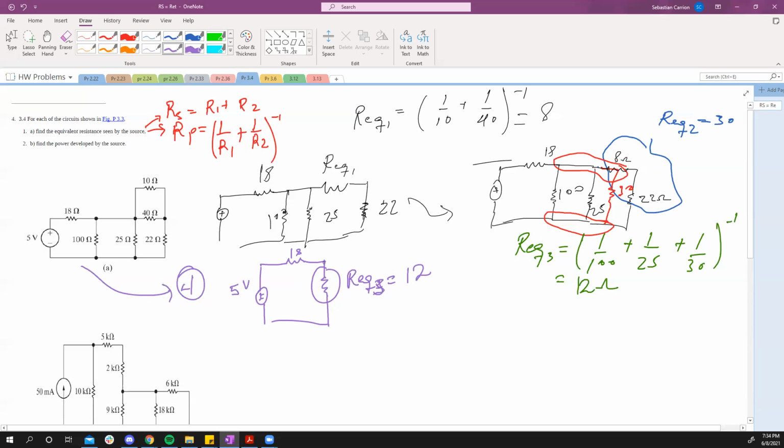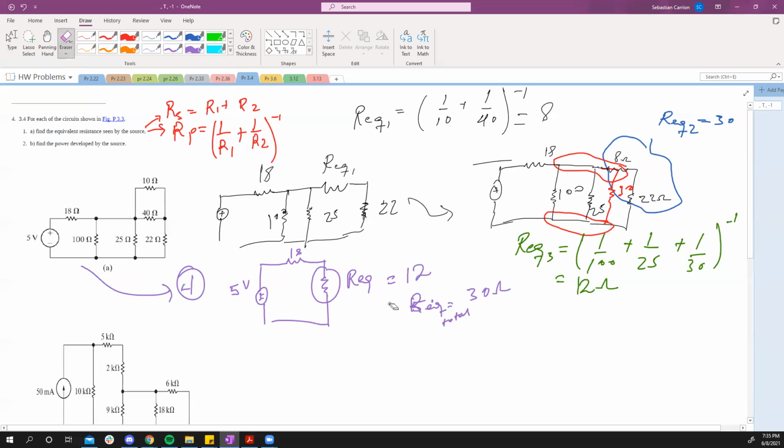Now we see that each end of the resistors doesn't share the same node, only one end shares the same node. So we assume they're in series. The equivalent resistance total is going to be 18 plus 12, which is 30 ohms, right? So that's our equivalent resistance.